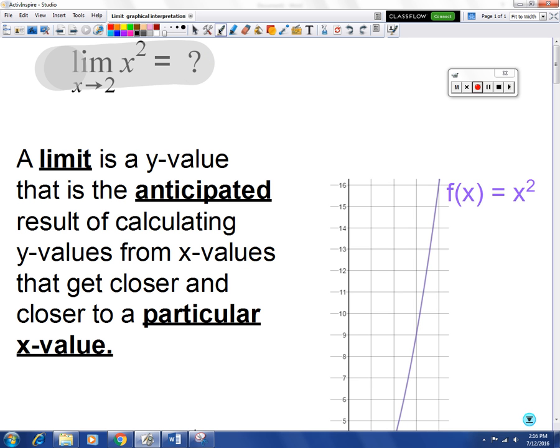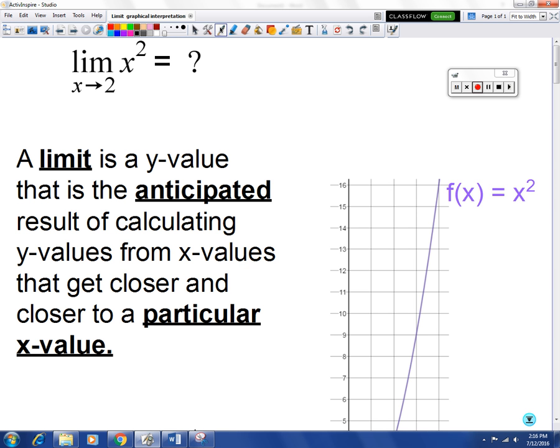Here's my definition. This is not a definition you read in a book or see online, but it's my idea, the best way I know of expressing to people watching what a limit is. I say a limit is a y value.